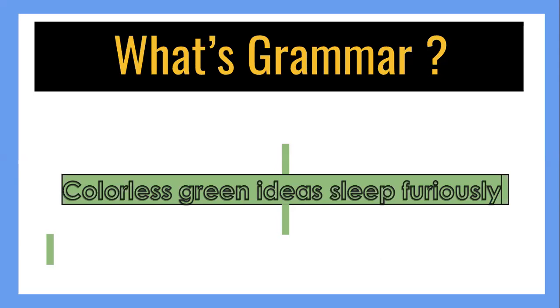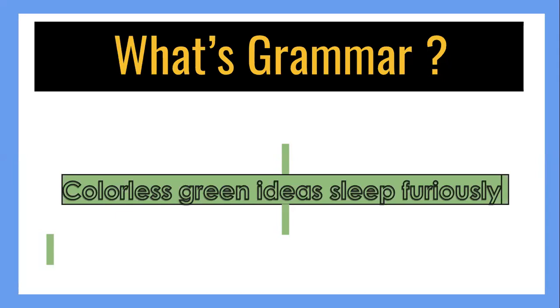He gave a color to something which is colorless. And the verb sleep cannot be described as furious. So here the meaning is nonsense, it doesn't make any sense, although we have no problem with the rule.